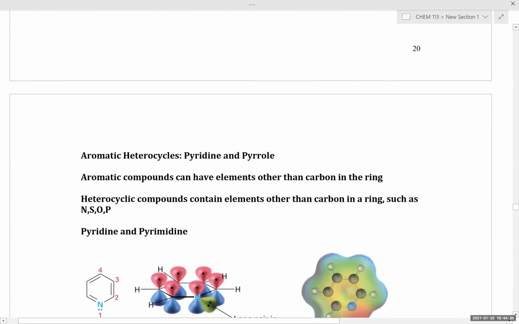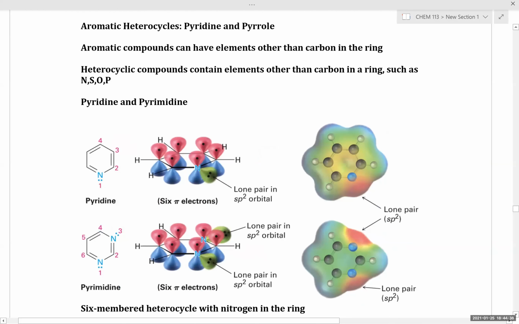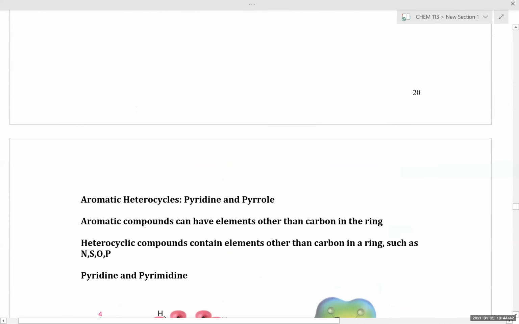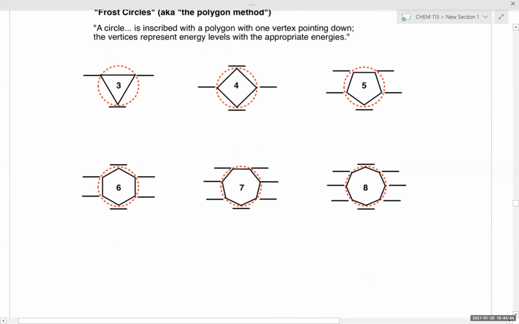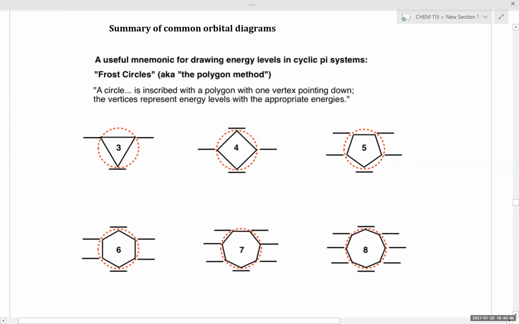So let's look at some examples now where we start to incorporate. What page is that on? This summary of orbital diagrams? It's on page 20 of the notes, but I don't know if the book has something like this. It could be in chapter 15 in the book as well. Perfect.